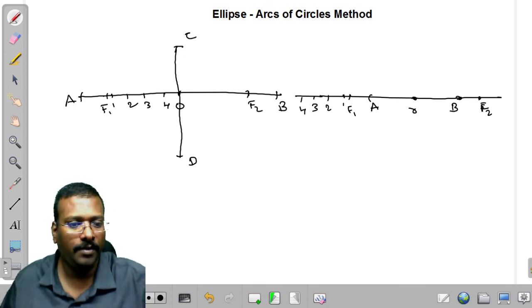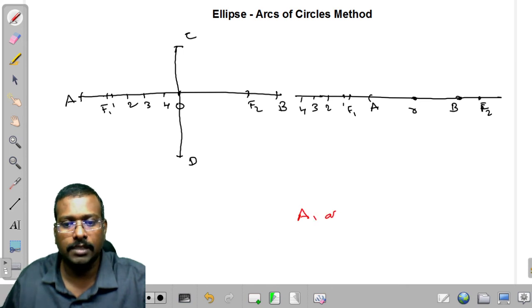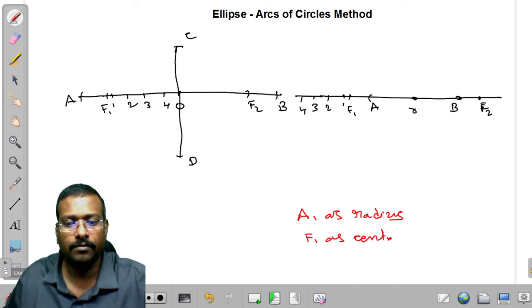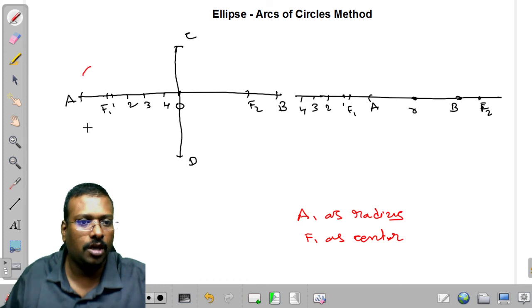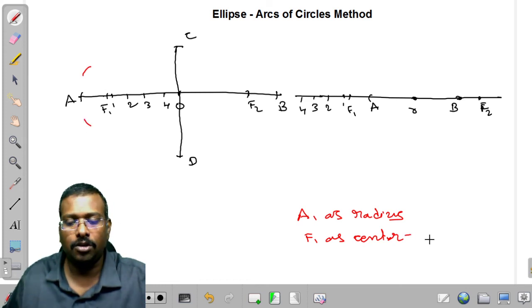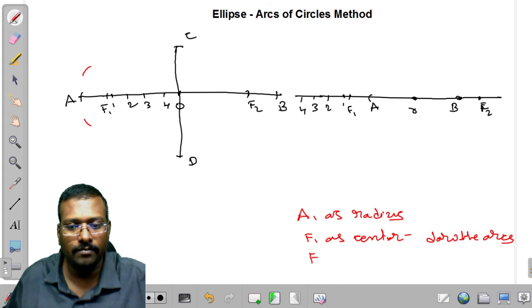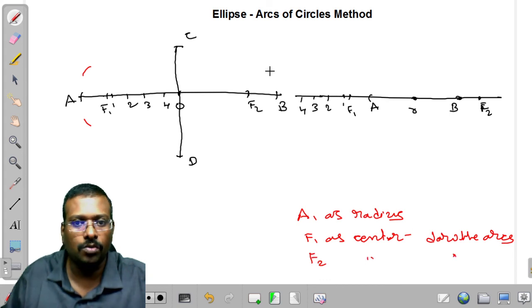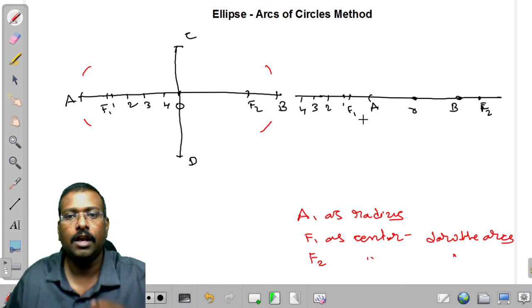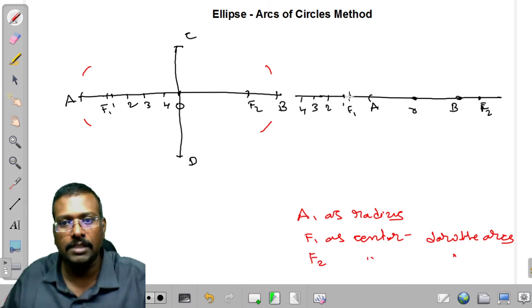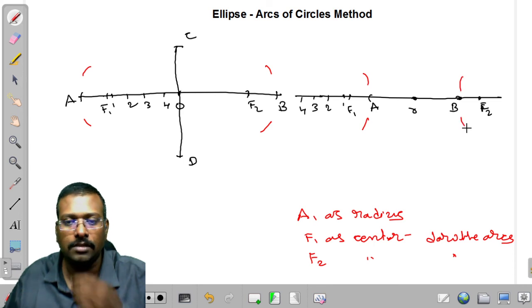Now the first step, take A1 as a radius, F1 as center, draw two arcs. Similarly, F2 as center, draw the arcs. So we are going to get like this here. Similarly, in this case also, A1 as radius, F1 as center, draw the arcs, F2 as center, draw the arcs.